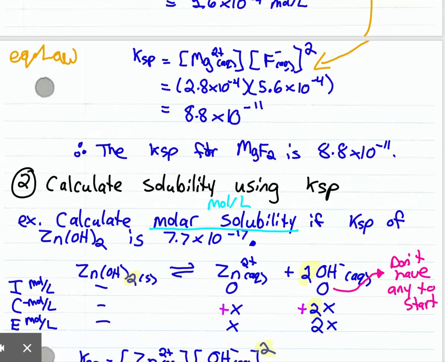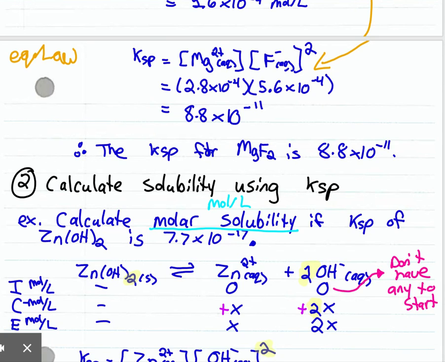We're gaining plus X. We know the equilibrium is shifting this way because we are not starting with any ions. We're starting with a solid. The solid dissociates. At some point the dissociation and the recombining of ions start being the same. That's the equilibrium.